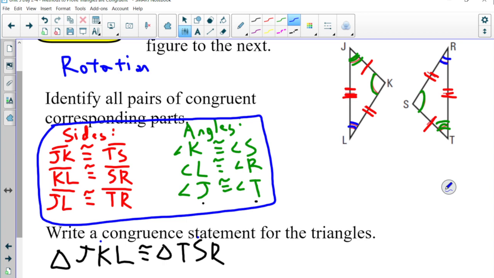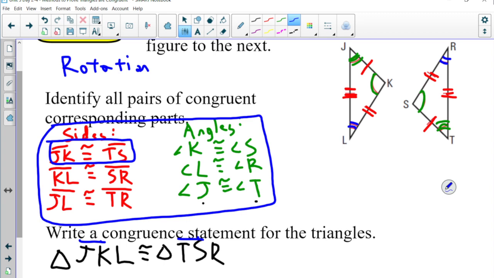So obviously all the angles matched up, but also we can see the sides matching up. For example, J to K. What does J to K match up with? Well, J to K are the first 2 letters. So J to K is going to match up with the first 2 letters over here, which is T to S. And that is this statement happening right here.